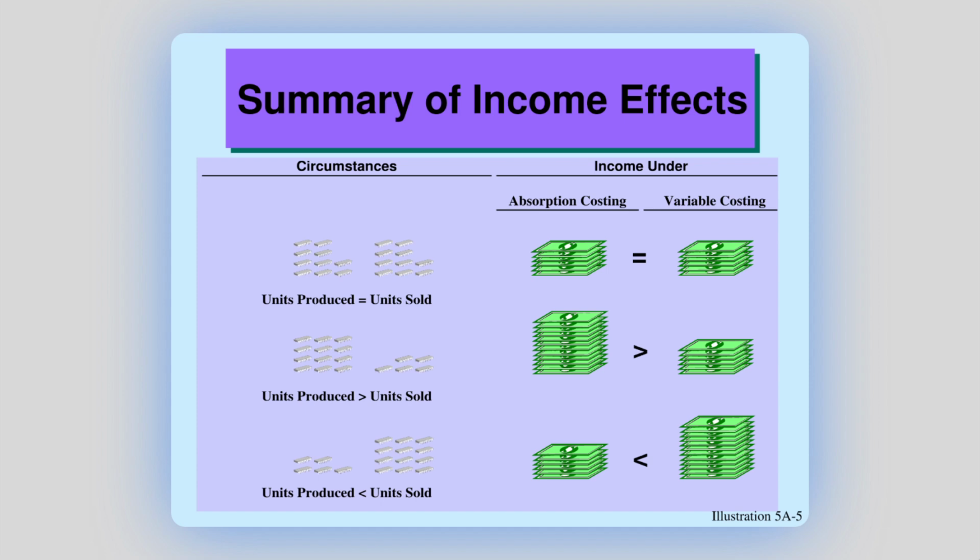Absorption costing net income is higher than variable costing. How about the other way around? If the units produced are less than the units sold, is that possible? Yes, if there is beginning inventory. In this case, the income of variable costing is higher because of the deferment of your inventory.